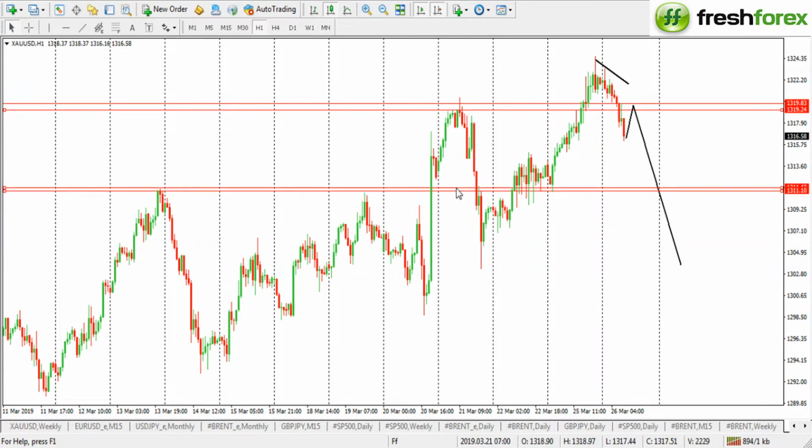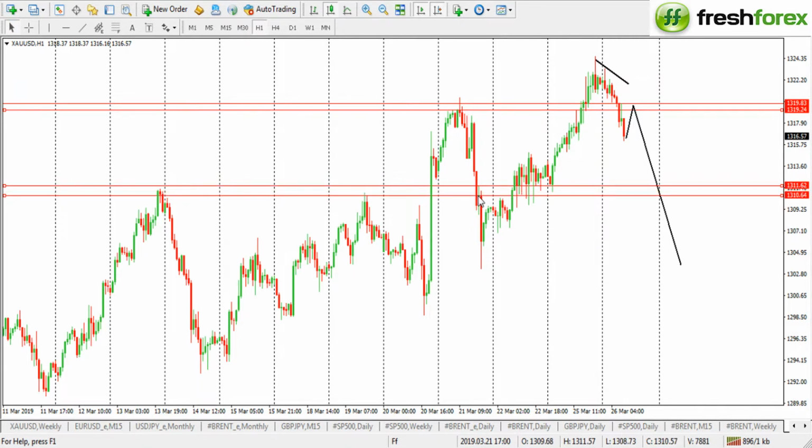This is a very good place where from the 1 hour point of view, this should be a very good place to take profits from. So if you successfully sell it here, then expect price to go to this point, 1311.62, 1310.62, somewhere within this zone.